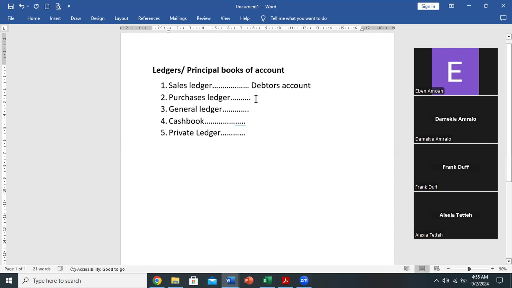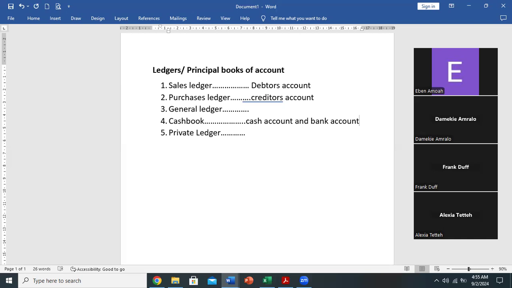The purchases ledger will keep that of the creditors, right? Or our suppliers. The general ledger, I'll come to that. The cash book would keep the cash account and the bank account. So in the cash book, you have only these 2 accounts, the cash account and the bank account.